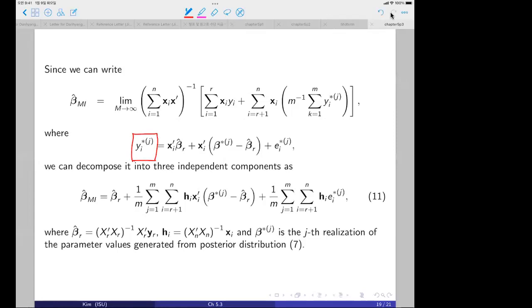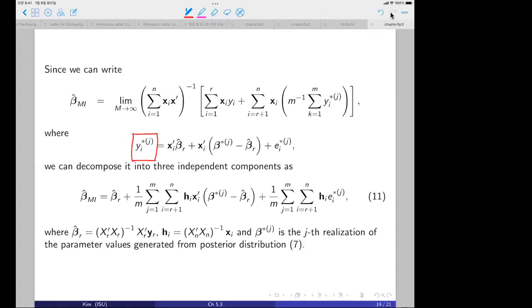Your imputed value has an MLE prediction part, a posterior part, and an imputation error part, right? And so you can plug into here and then simplify. Then you can end up getting three terms.